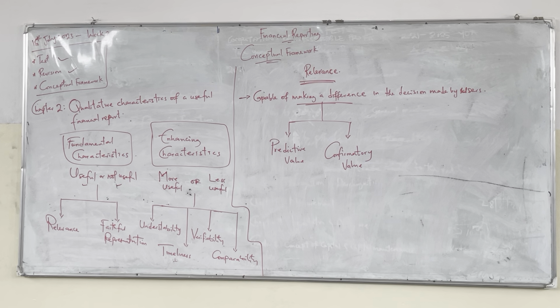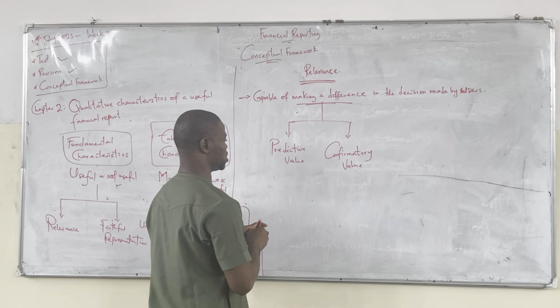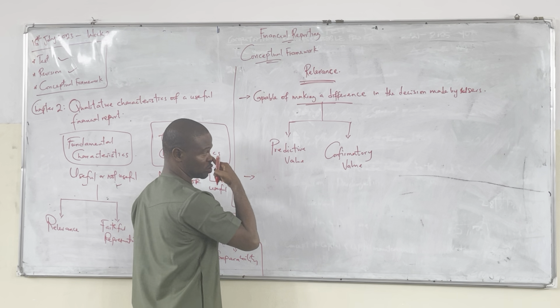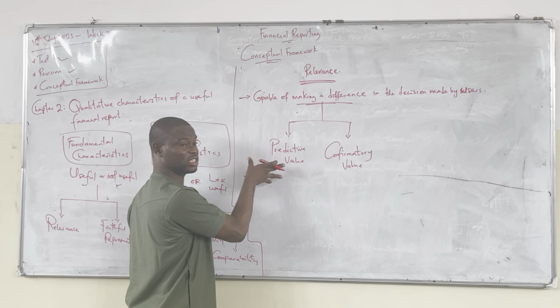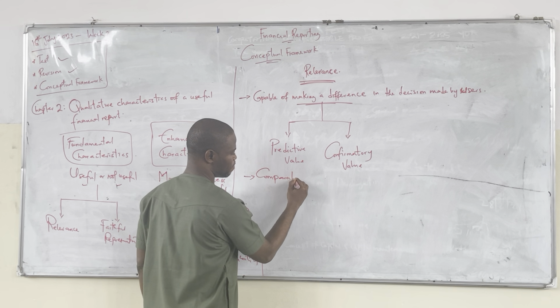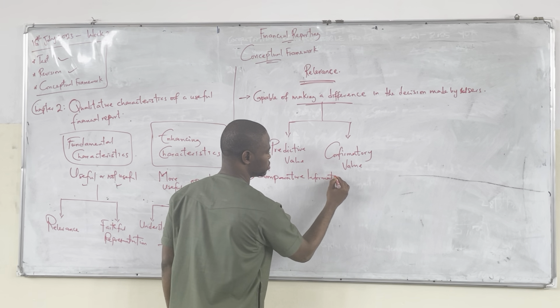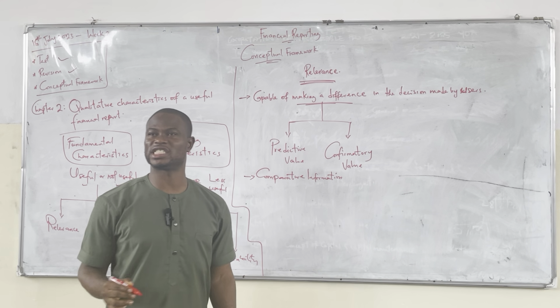Fantastic. She said that by making yearly comparison. That's so fantastic. So what she has said is this: to achieve predictive value, you must provide comparative information.